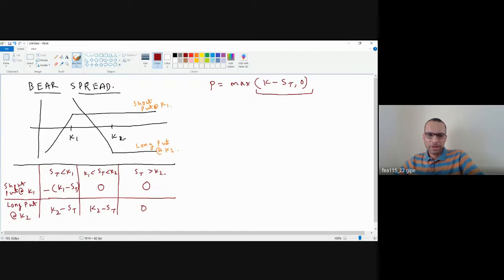The idea is to just use the payoff condition recursively, and the rationale remains the same. If I feel that the market is going to drop, I may want to go in for a bear spread. Why I'm trading two options, the idea is the same: I'm trying to reduce my premium outflow.